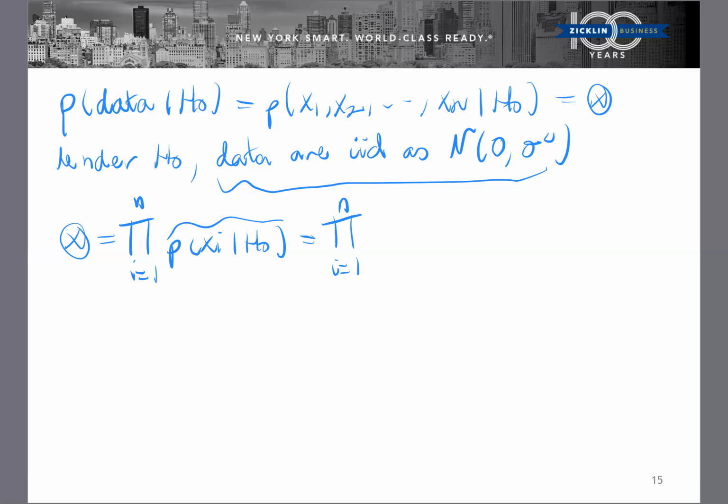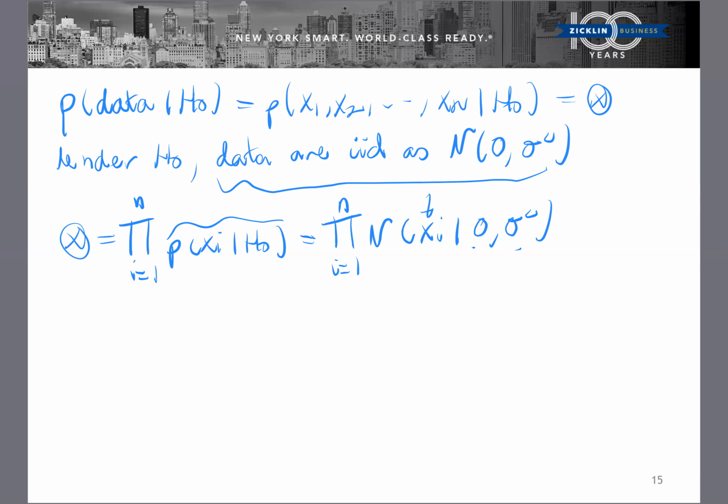Okay, so this is the normal density. I can denote it like this. I don't know if you use this annoying notation. This means a normal density evaluated at xi, and the normal that you're evaluating is a normal with mean 0 and standard deviation sigma. Okay, good, this is a notation that lazy people like me use.